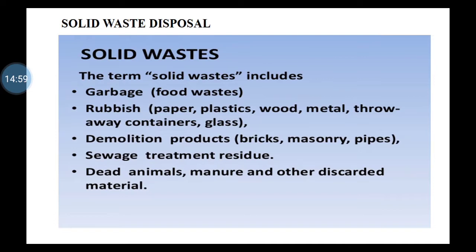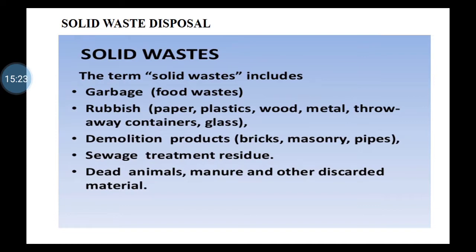So the term solid waste includes garbage. Now garbage, if we go in deep, means food waste. Whatever waste food is accumulated, that is called garbage. Then rubbish, we can call maybe refuse, which contains paper, plastic, wood, metal, throwaway containers, glasses.